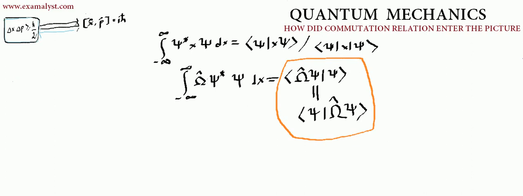Hermitian operators are the operators that satisfy this particular relation that is kept in the bracket. So not going further, we are now going to prove how the uncertainty principle is related to the commutator relation. So let us do that.